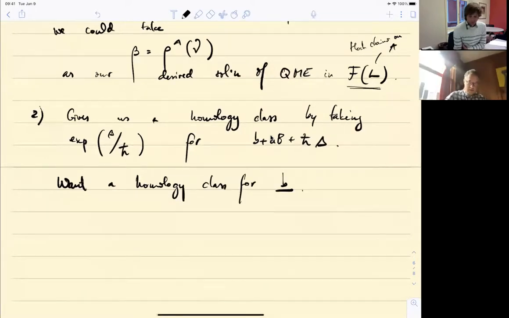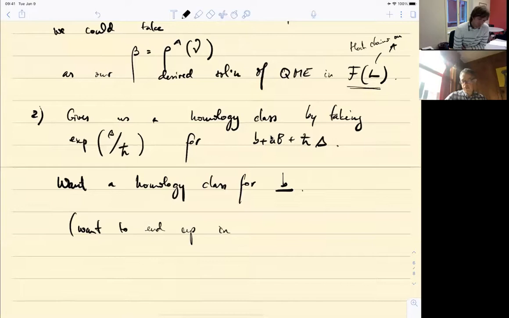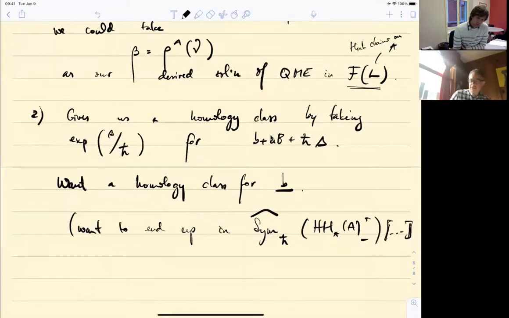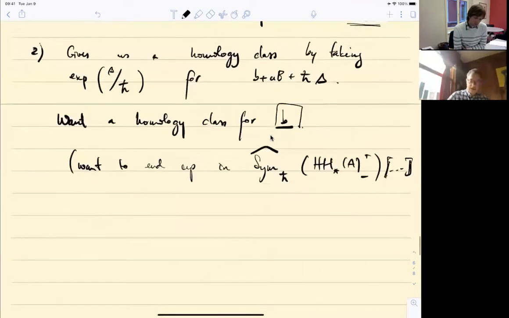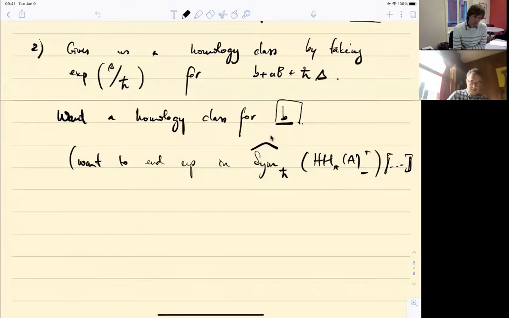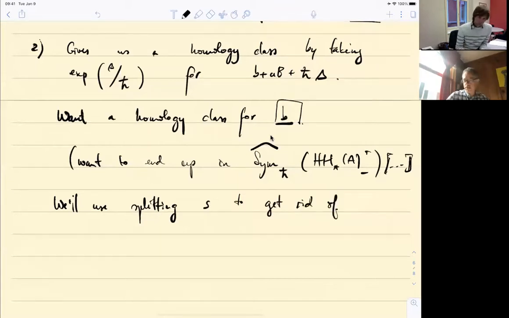Because we want to end up in the Hochschild homology of A, bracket minus bracket, and so on. So we want to get something that's closed under the operator just b. So the second idea is we will use the splitting, which we have not used at all yet, to get rid of big B and delta in here.